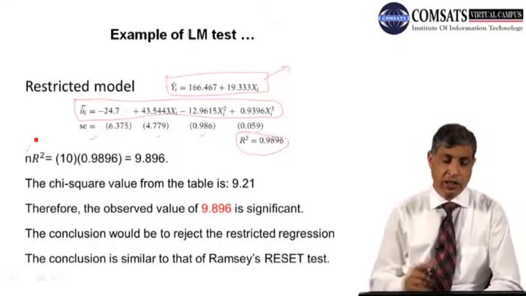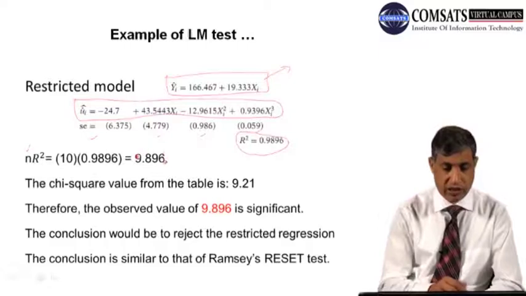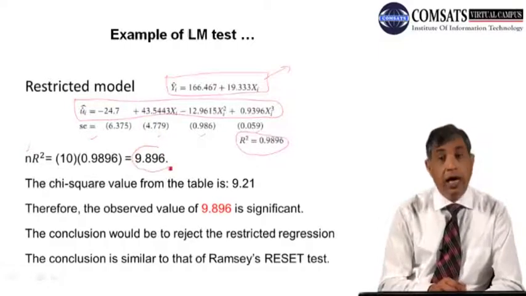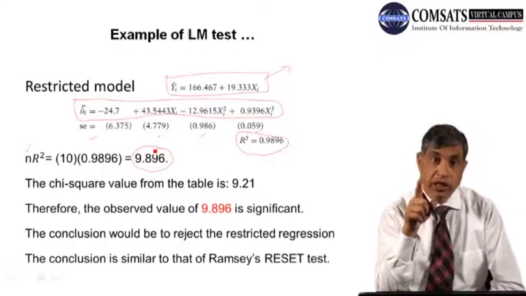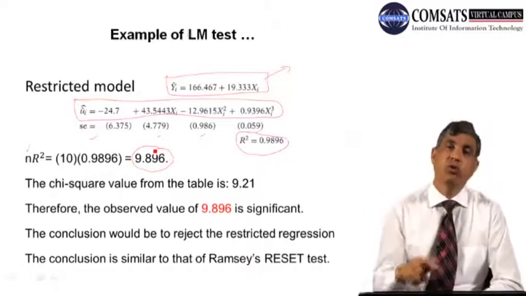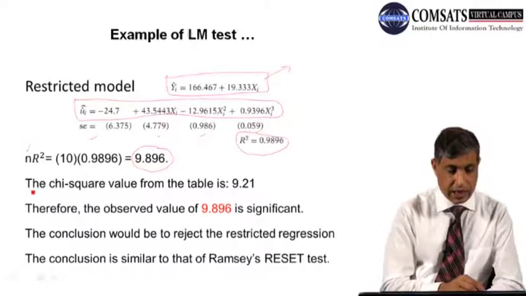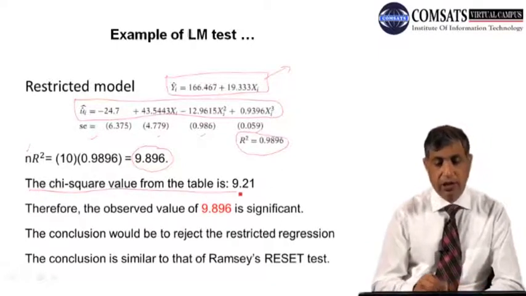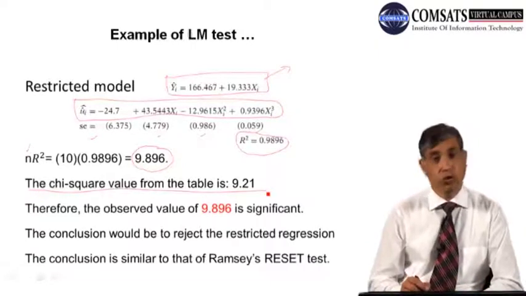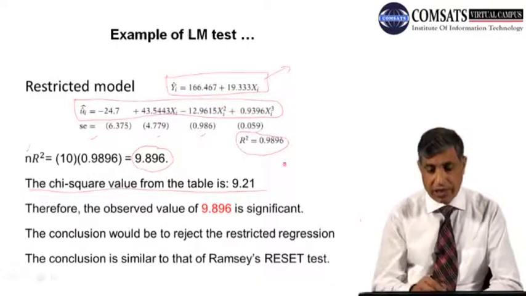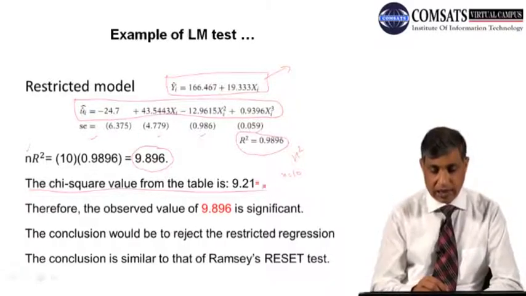So the calculated chi-square statistic is equal to 9.86. The chi-square value from the table, for n equal to 10, is 9.21.